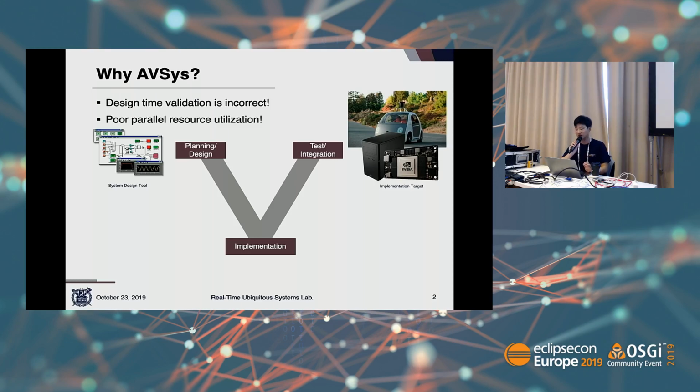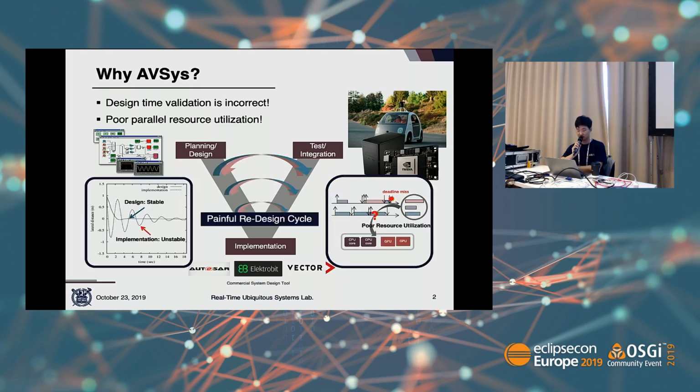As you can see with Waymo, the Google autonomous car, for developing this vehicle you need to plan and design the system, then there is the actual implementation, and finally the test and integration stage. This cycle is usually called the V cycle, because when you go down, the testing is matched to the planning and design cycle.